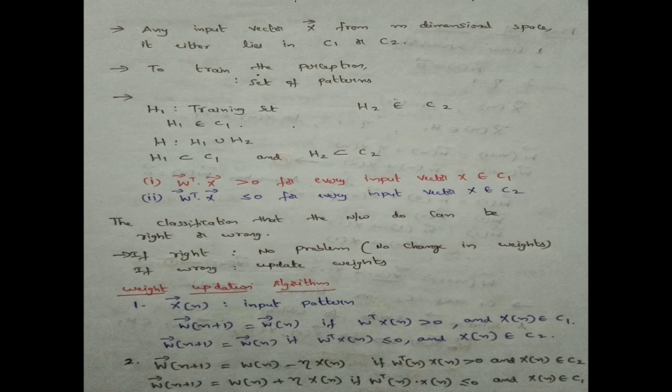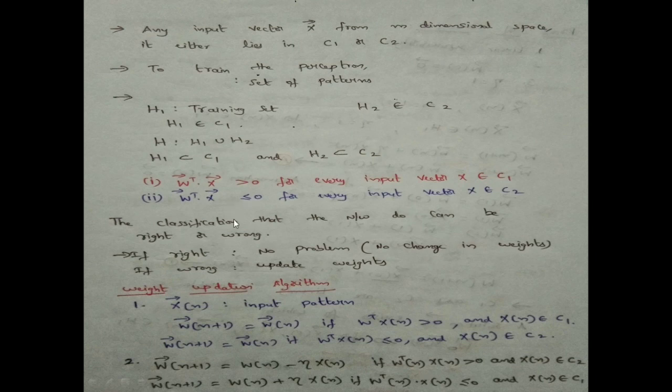So this line says that the input vector X belongs to the class C2 if W transpose X is equal to 0. This generally depends upon how we are going to take it.